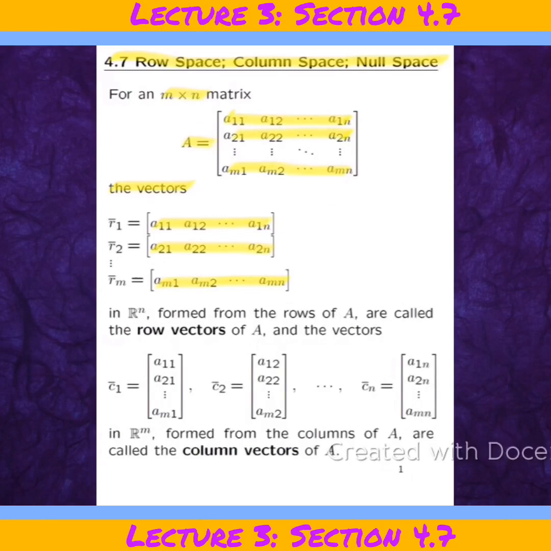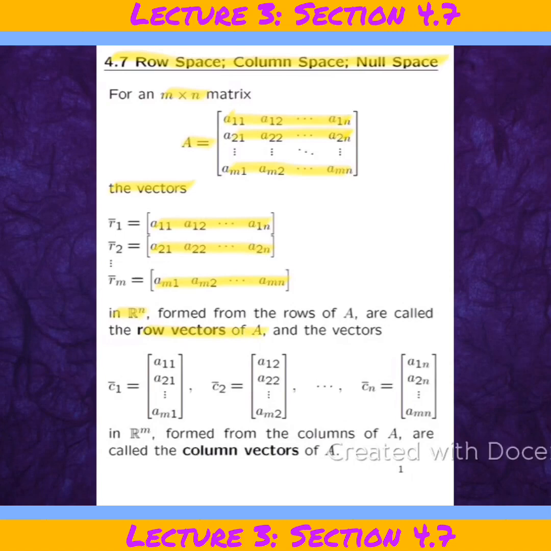These are vectors in Rn, because they have n components and the entries of the matrix A are all real numbers. Those are the row vectors of A.